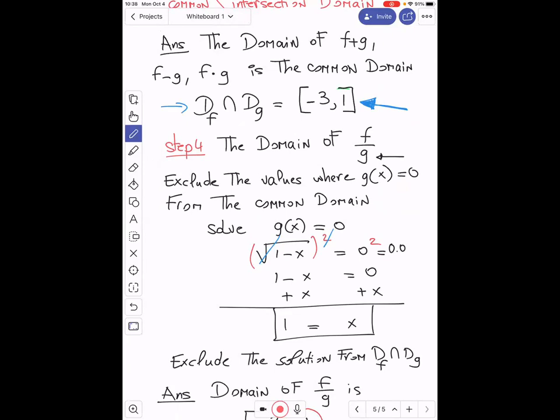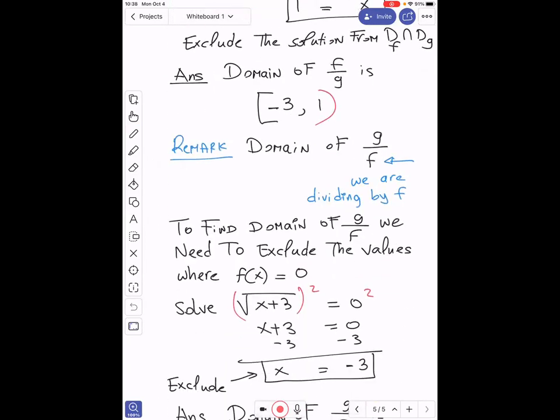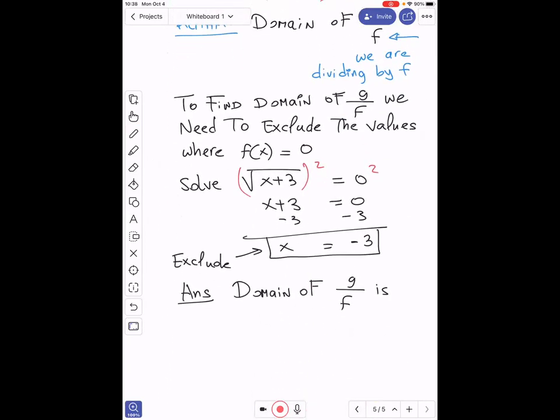The intersection domain is negative 3 to positive 1. And now for G over F, we need to exclude the negative 3. So the domain of G over F is now negative 3 excluded, comma, positive 1. Positive 1 is included here.